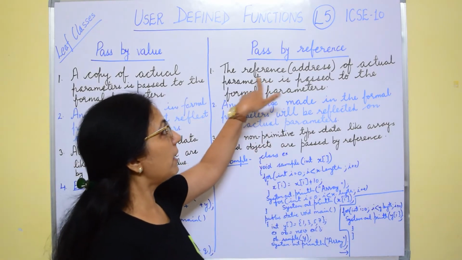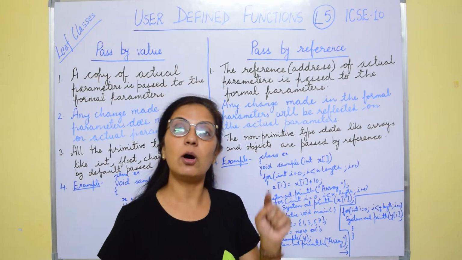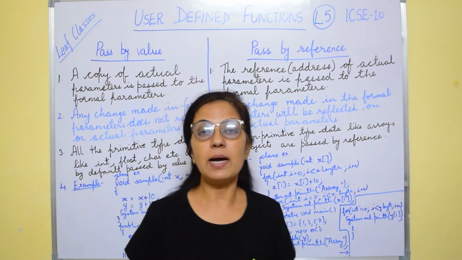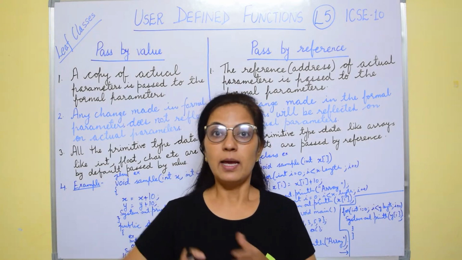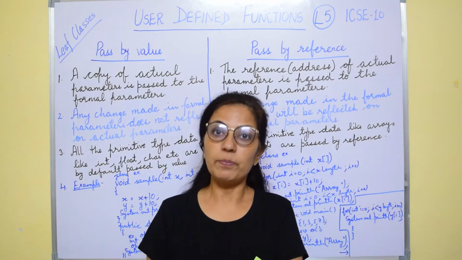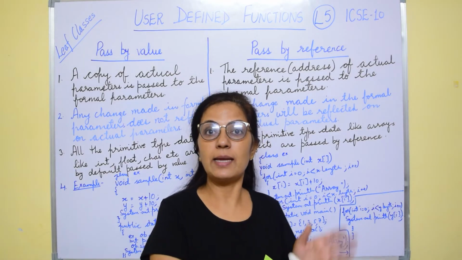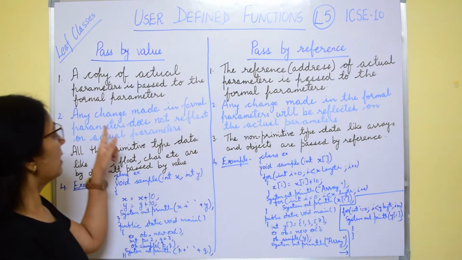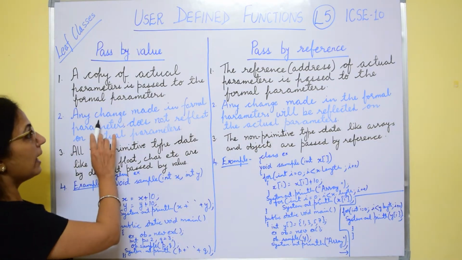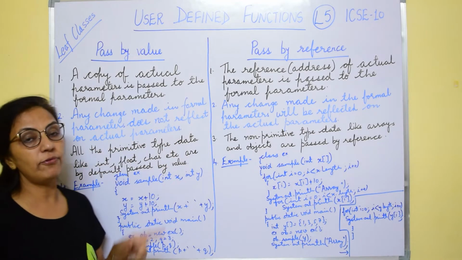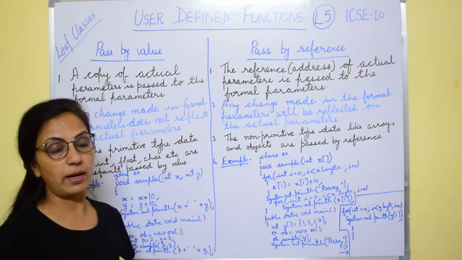And in call by reference, the reference or the address of the actual parameter is passed to the formal parameter. In call by value, the copy of the actual parameters is passed, and here only the address is passed, right? This is one difference.